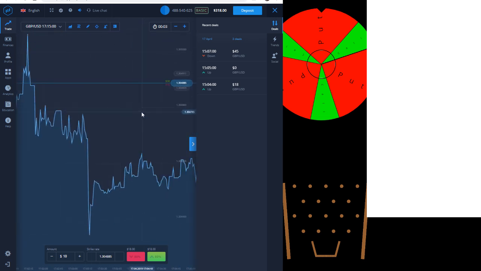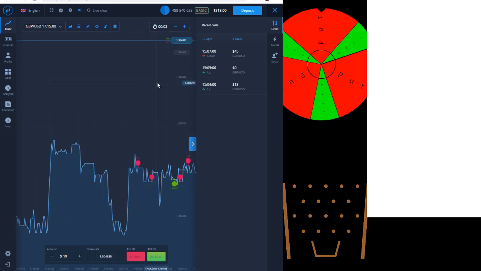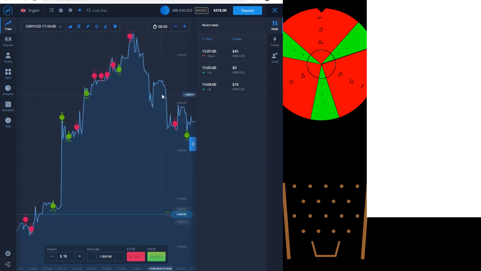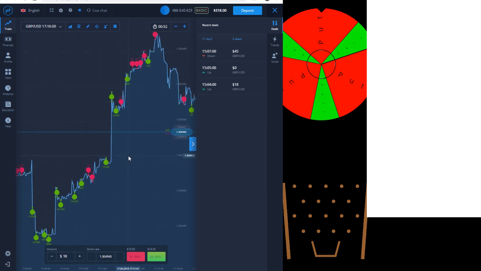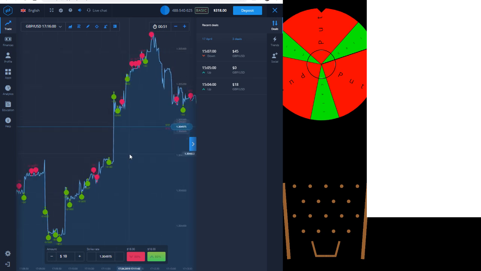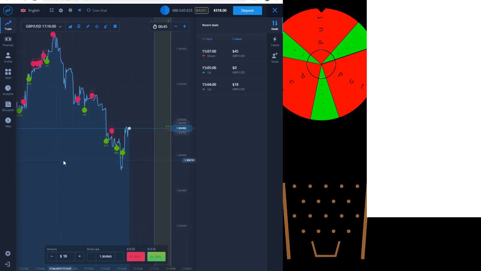Not that many people are on at the moment. As you can see, I started the account with $300, and I'm going to see in 1 hour how far I can take this account in live trading, real money.